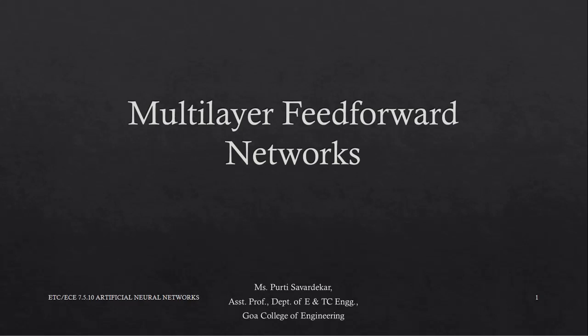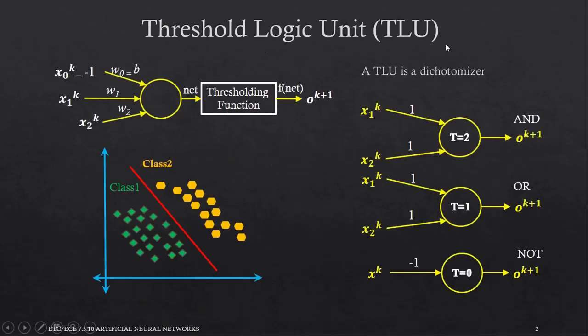At the outset, I would like to introduce you to the term TLU. TLU stands for Threshold Logic Unit. We have been previously introduced to this basic neuron model. A neuron model is called a TLU if it implements thresholding as the activation function.